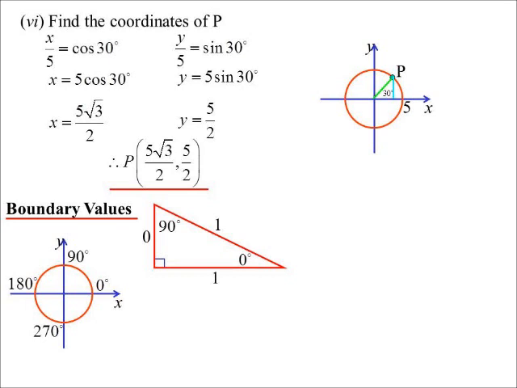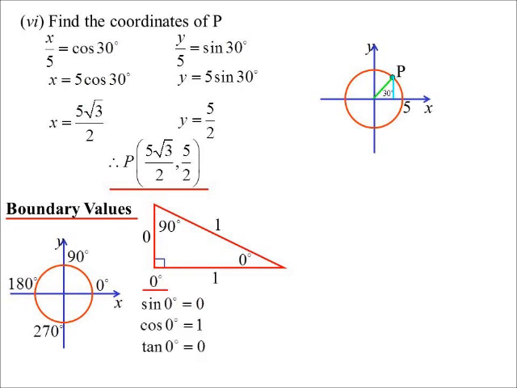Now, the base I'm going to give 1, but if that angle is 0, that means the height of my triangle must be 0, because it hasn't gone up any. And then by Pythagoras, I could work out the hypotenuse is 1. So, of course, this triangle doesn't exist, but I can then read off the values for 0 and 90 to see what the boundary values are.